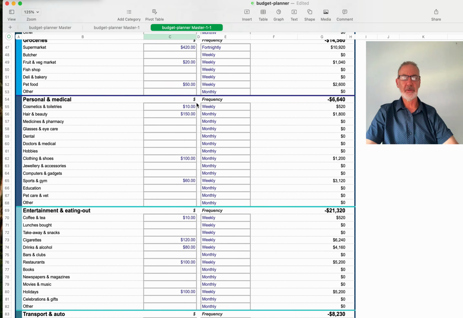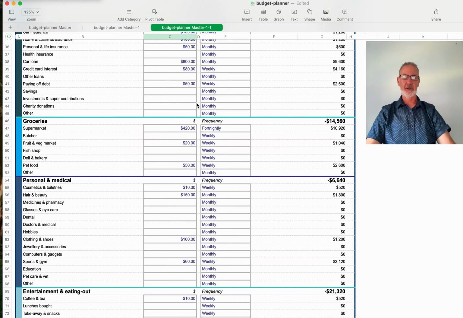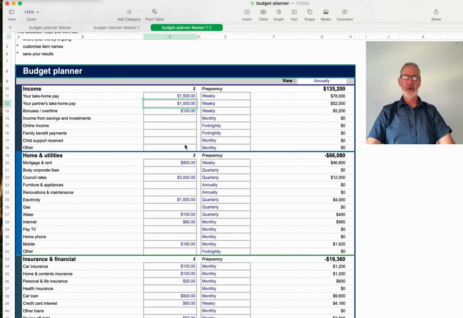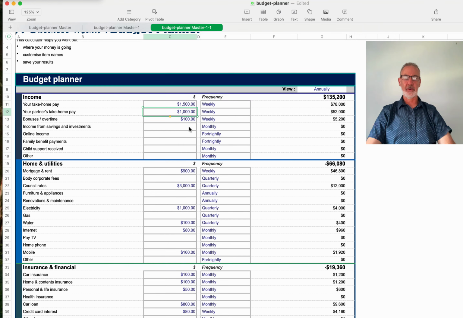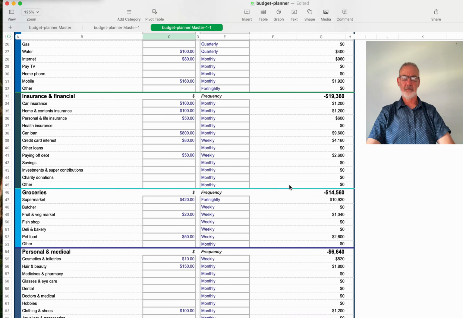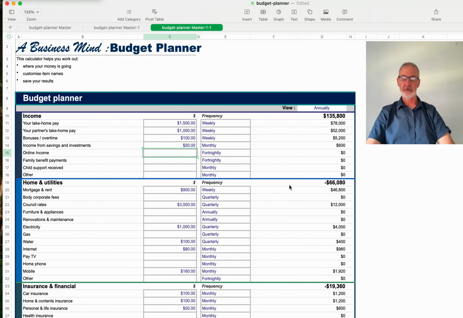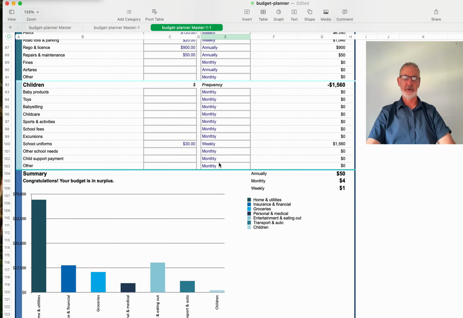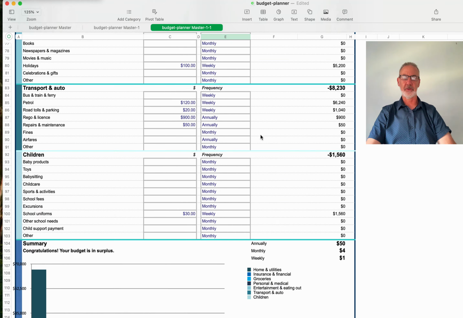So this enables you to do something about it, whether you cut your costs like we talked about before, or look at ways you can get not only the $50 of income, so let's go back, what's that one there, $50, oh, I'll put it monthly. So $50, that should bring that back to zero, or $1, yes it does, so $1 surplus.